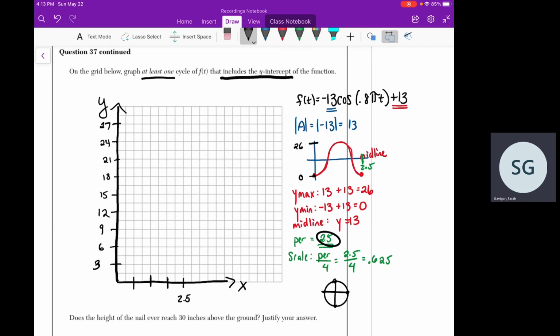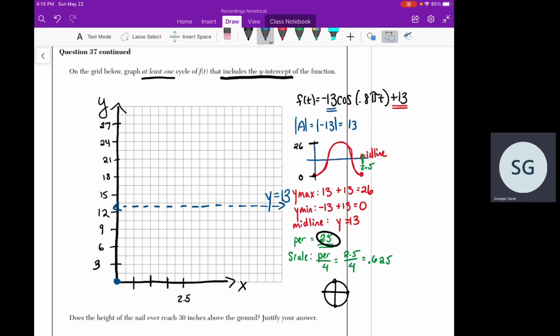So now I'm going to start by graphing my midline, which was at y equals 13. If that's 12 and it's 1.5, y equals 13 is approximately right here. And whatever you graph, make sure you label. I know that my y-intercept is at 0, 0.